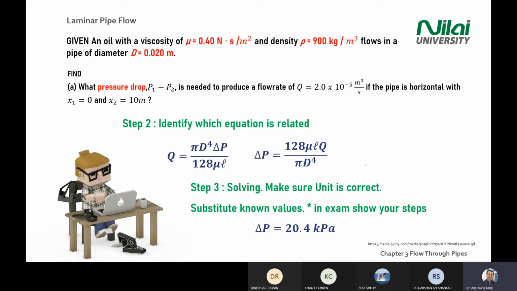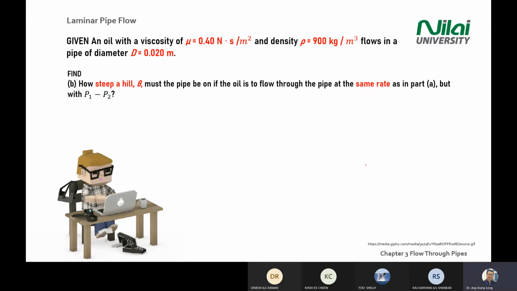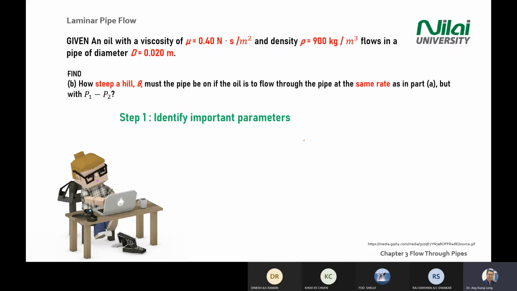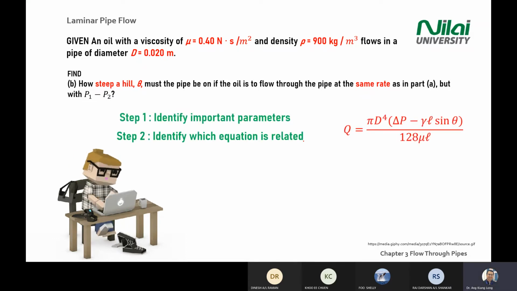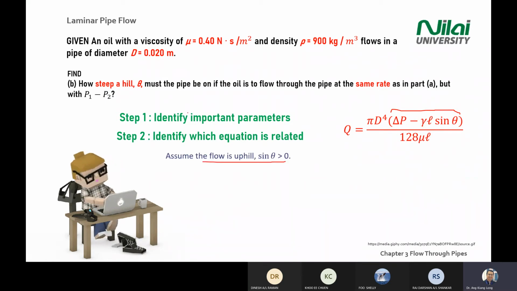Okay, let's move forward. B, what happens when you need to tilt the pipe while maintaining the Q? So again, use the equation related to the slanted pipe, where something changes with your pressure component. You use this one, minus specific gravity, length, sine theta, substitute, and this is uphill. We assume uphill, so set sine theta to 0.